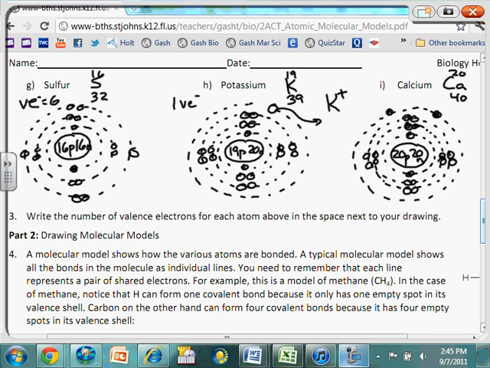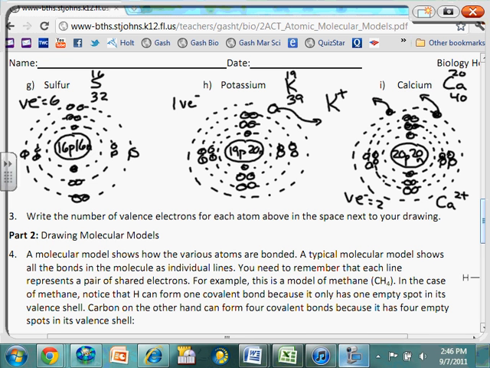So again, valence electrons for this one, 2. But calcium, just like the others, can lose those 2 electrons. They can go away. If it loses 2 negative electrons, that means calcium can become an ion too, and it's the calcium 2 plus ion. It's got 2 positive charges to it.